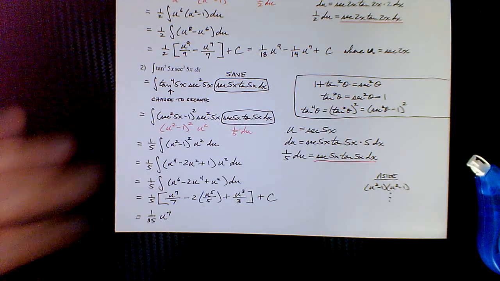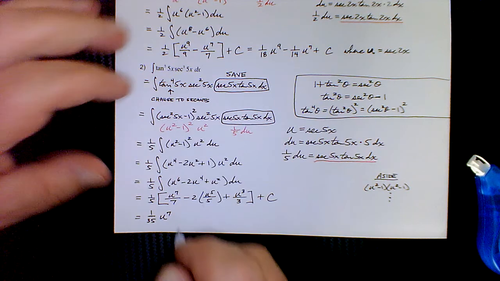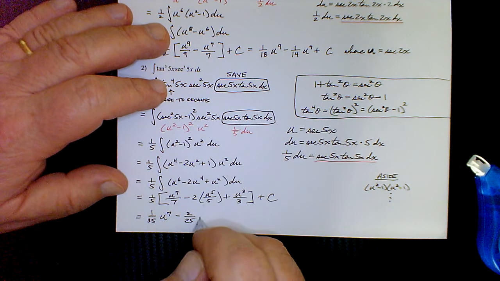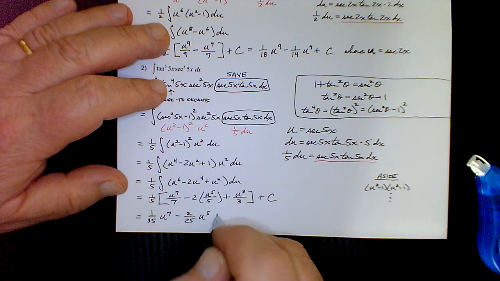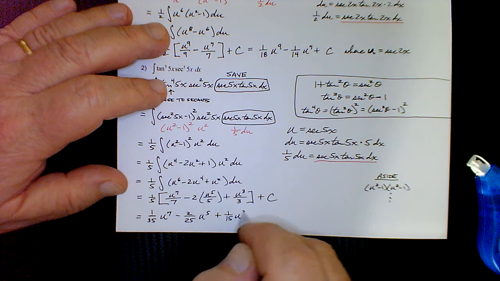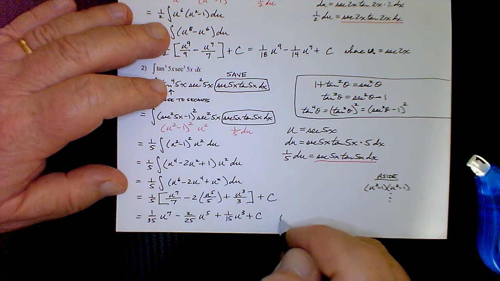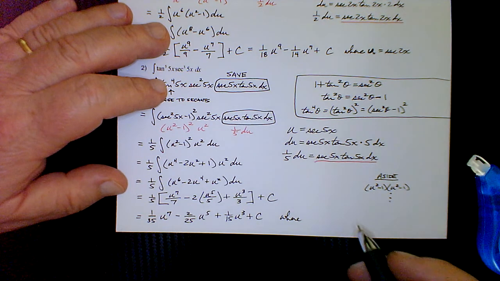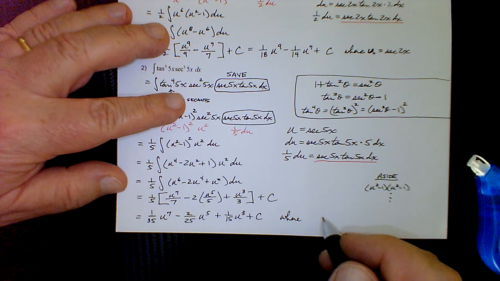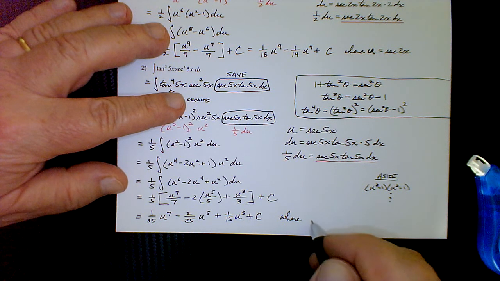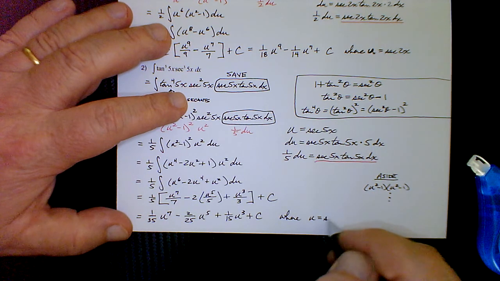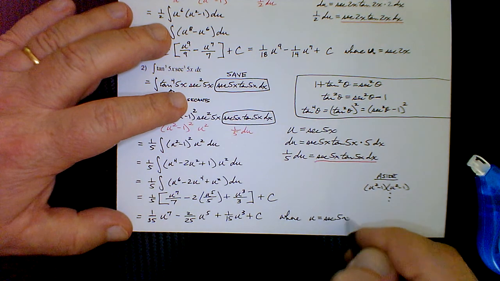So 1/35 u to the 7th minus 2 over 25 u to the 5th plus 1/15 u cubed plus c, and again back substitute. If you're writing the note, this is where u was secant of 5x.